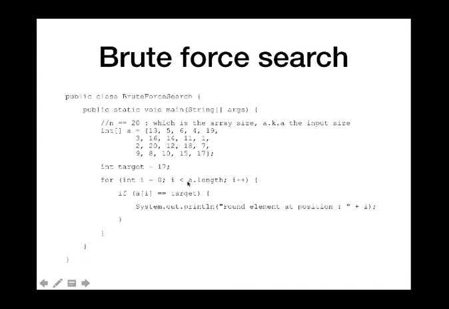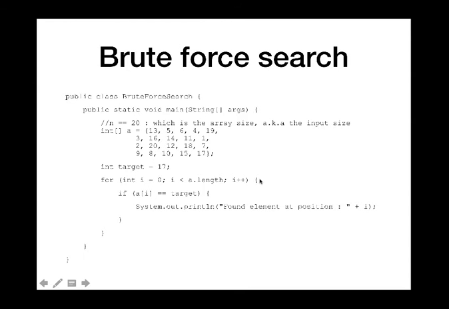Here I'm going n times, I'm going over n elements, and I'm doing a simple step here, which is a comparison, just to check if I can find my target. If I do, I print its position.